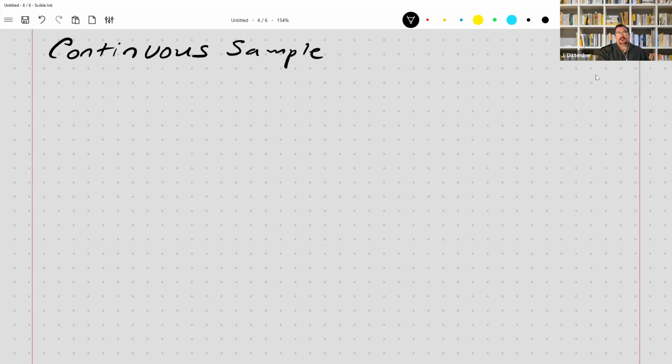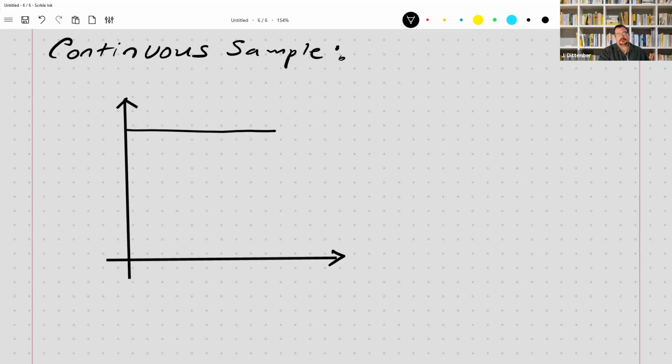Now, the other issue with continuous data, well, the major issue, is that if you were to, so let me just draw a graph here. So suppose I've got a graph, and I'm going to draw a unit square here in the first quadrant.